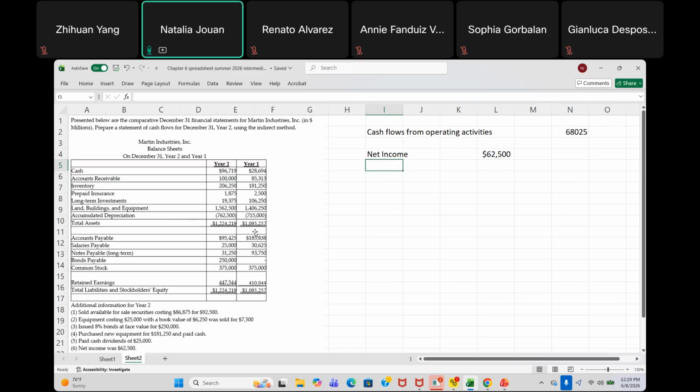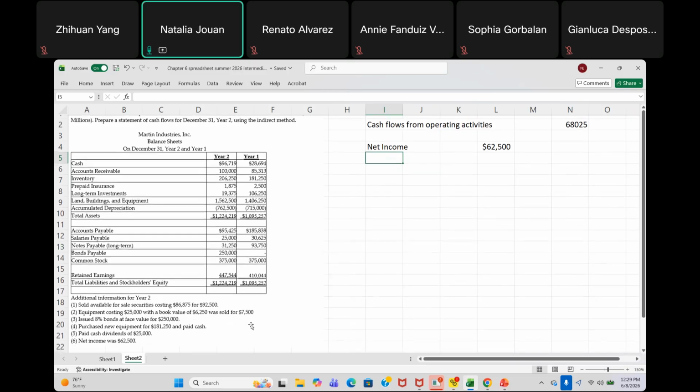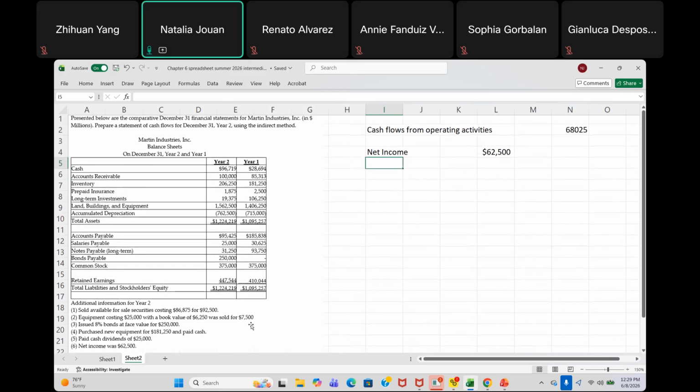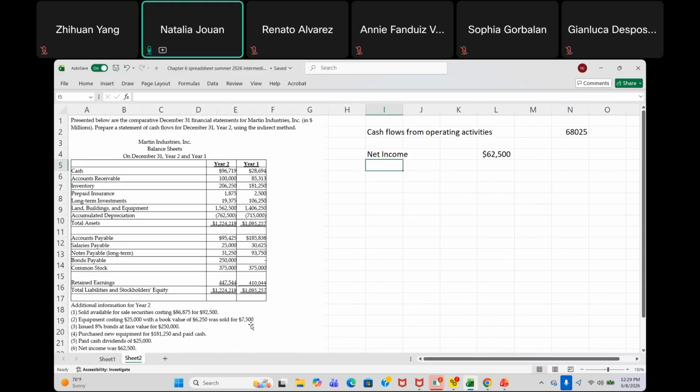So I know we sold something. Typically, we are given the depreciation amount, and I don't see it in this problem. We need to add it back. I will give it to you in the exam because this problem doesn't say it. I will have to assume the accumulated depreciation change is the depreciation expense, but we're also selling equipment, which requires a little more work.